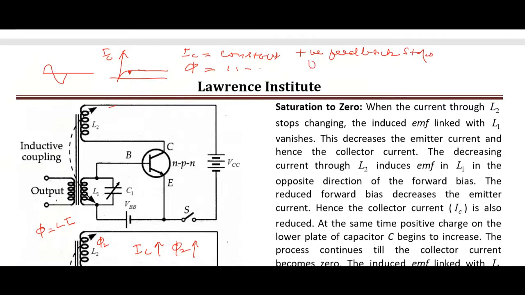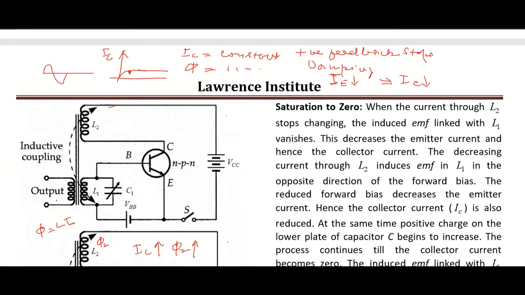It means damping starts playing role. It means IE decreases. This implies input current decreases, IC decreases. Now there is a change in current. So at saturation, IC becomes constant, phi becomes constant, positive feedback momentarily stops, damping starts playing role, input current IE decreases, and as a result this IC decreases.